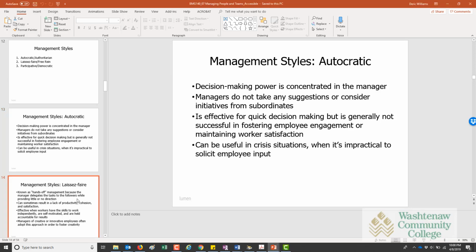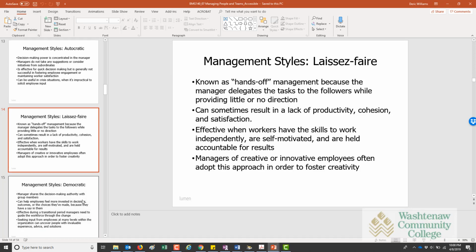The next style of management is laissez-faire. This is a hands-off style of management. This is a style where you simply give objectives, you give goals, and you leave it up to your team to figure out how to get it done. No micromanaging at all. And so a laissez-faire manager can work well in situations where you have a highly skilled, educated, experienced workforce that doesn't need your micromanagement.